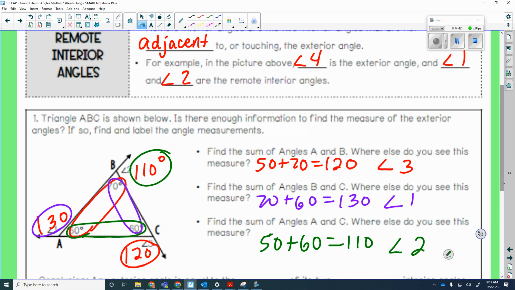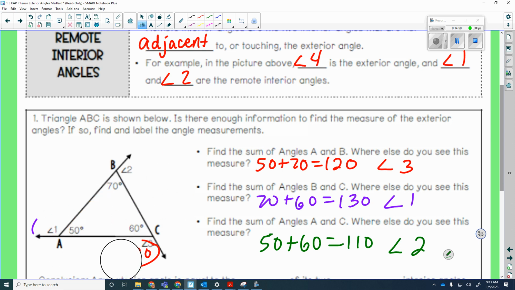Okay? Now, the cool thing about this is, in my opinion, a neat theorem that if you remember it, it makes it easy peasy. But is it the only way if you happen to forget? No, right? Don't mark on this, I'm just going to show you. The new thing we're learning is I could say 70 plus 50 equals this, and then we know the answer is 120, right?